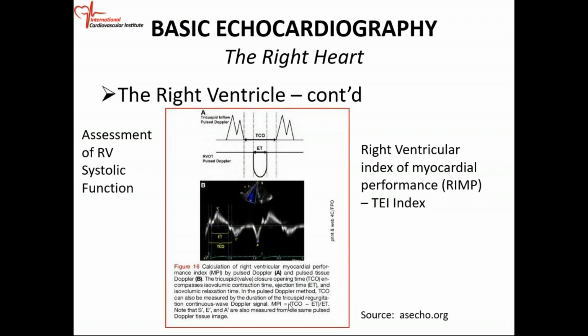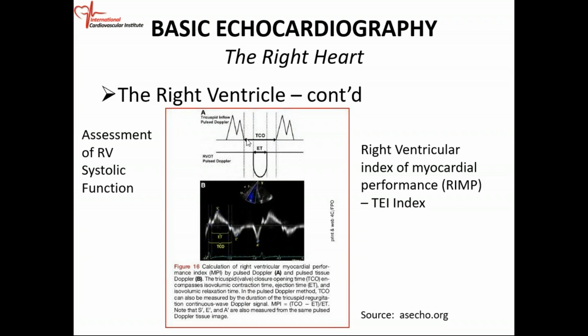And if you look down here, that's exactly what they didn't do. But anyway, the definition for RIMP is tricuspid valve closure to tricuspid valve opening minus the ejection time divided by the ejection time. And you can simplify that by just having IVCT plus IVRT divided by ejection period.